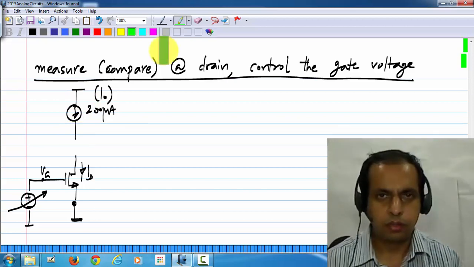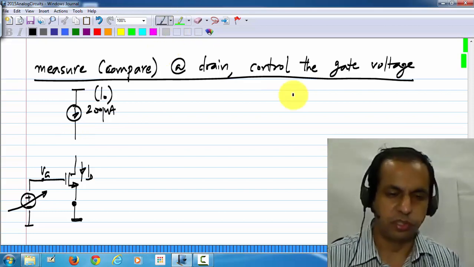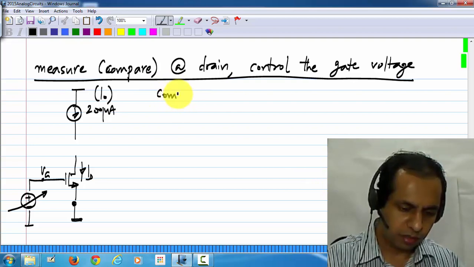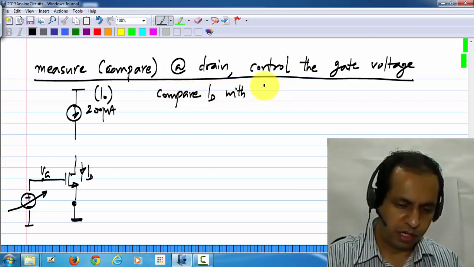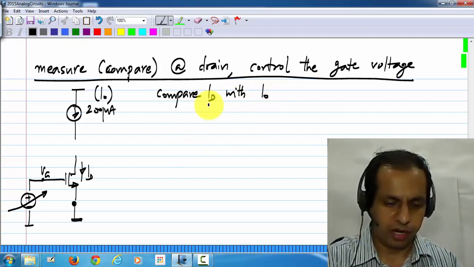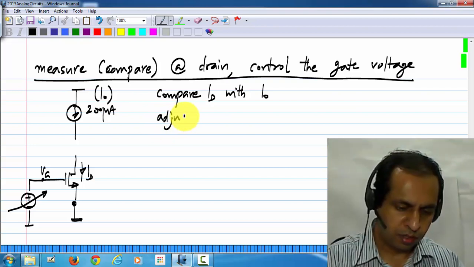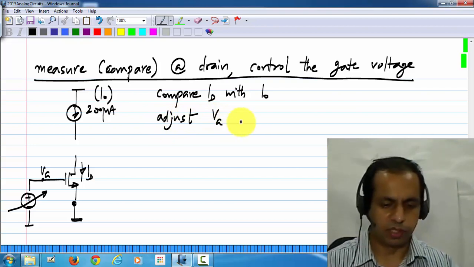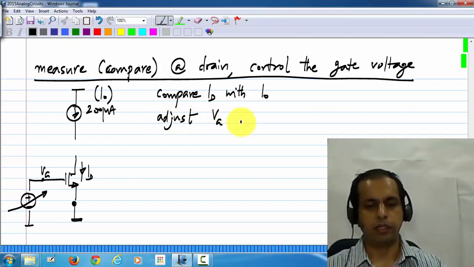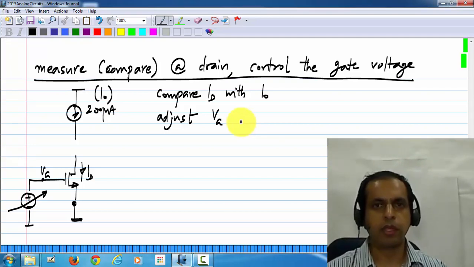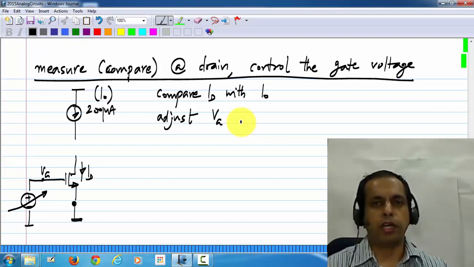So as we described the process of negative feedback, there are two things to be done. Compare ID with I naught and adjust the gate voltage Vg. So depending on whether ID is more than I naught or ID is less than I naught. Now how do we compare two currents?